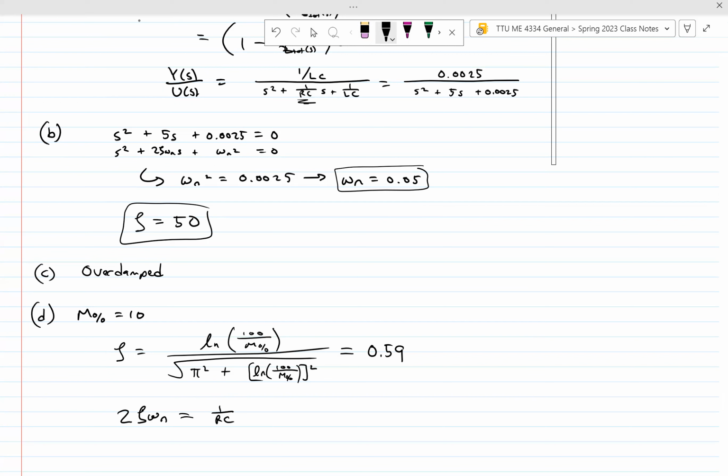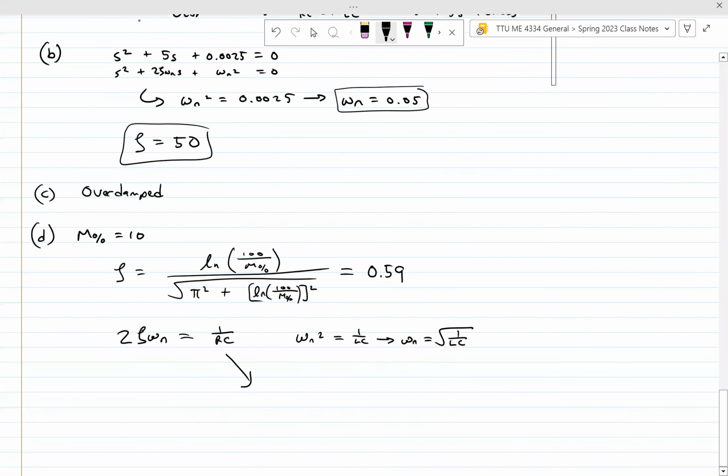Okay. Right. What's omega n, though? So omega n squared was 1 over LC, or omega n is equal to the square root of 1 over LC.